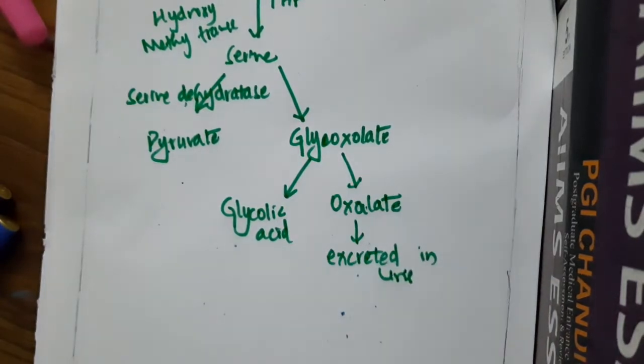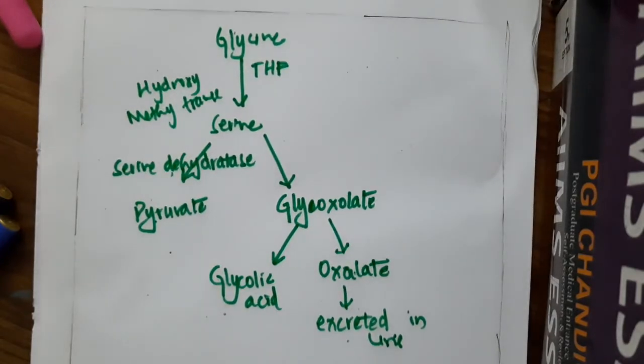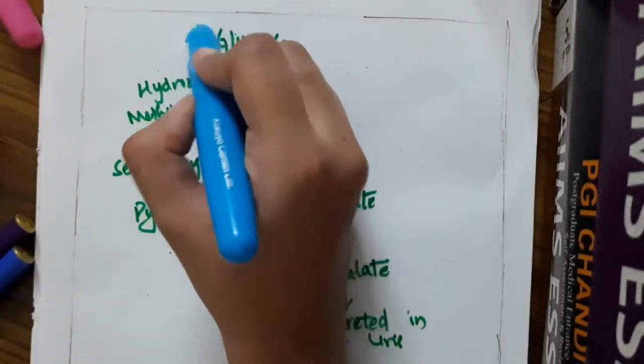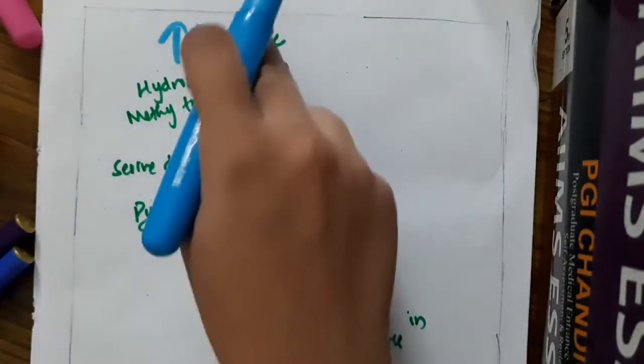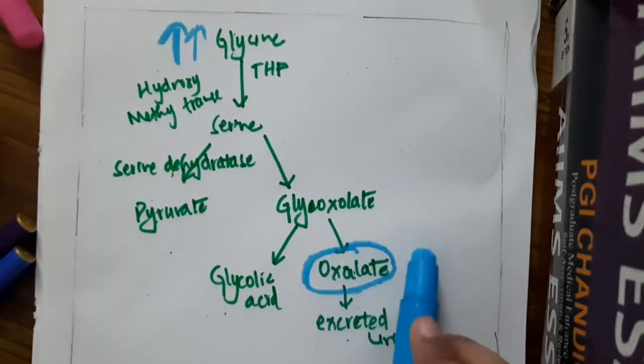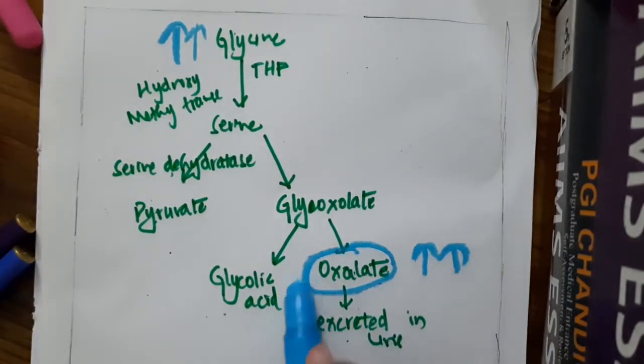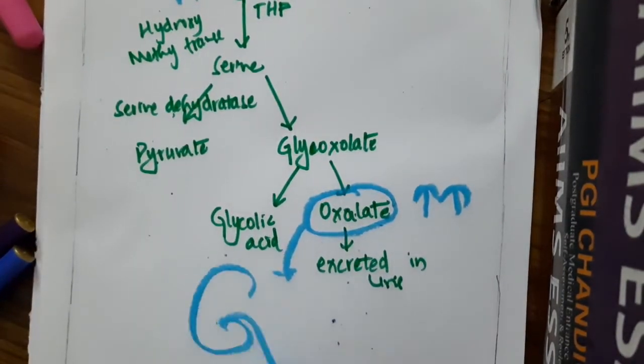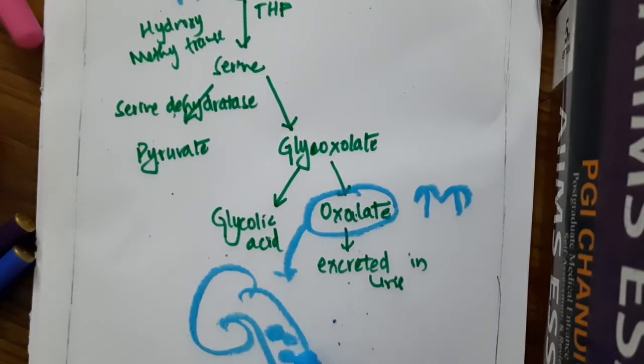So if there is increased glycine due to any reason, then there is increased glycine degradation, and oxalate is increased in urine, resulting in formation of oxalate stones in the kidney.